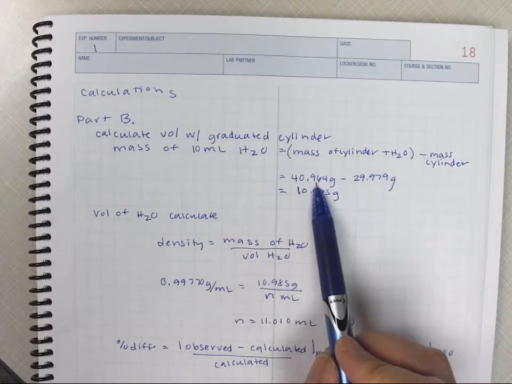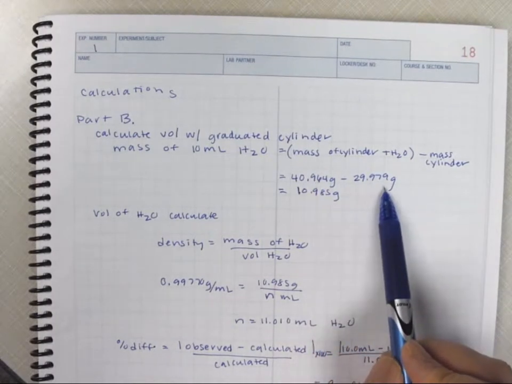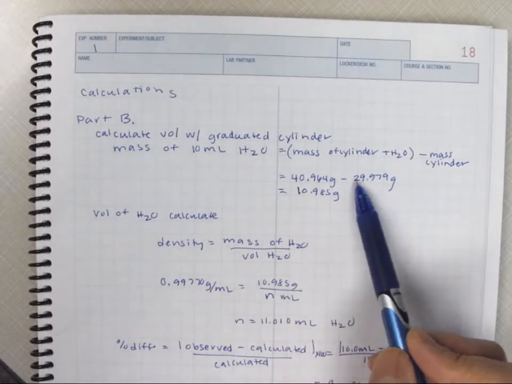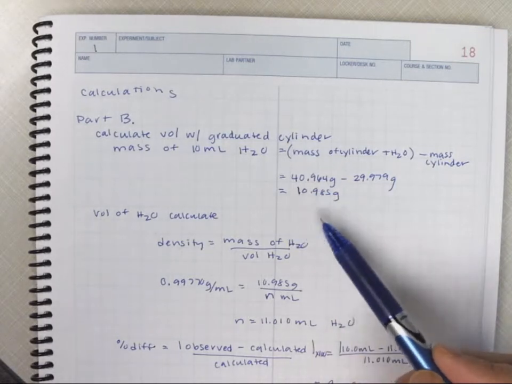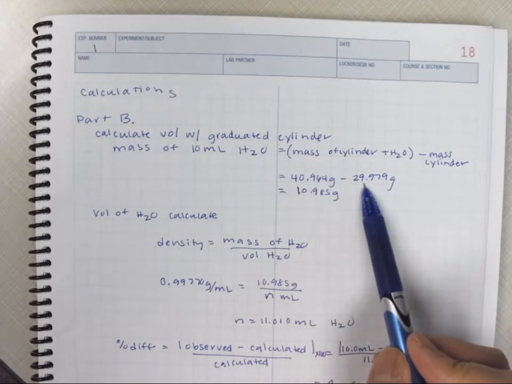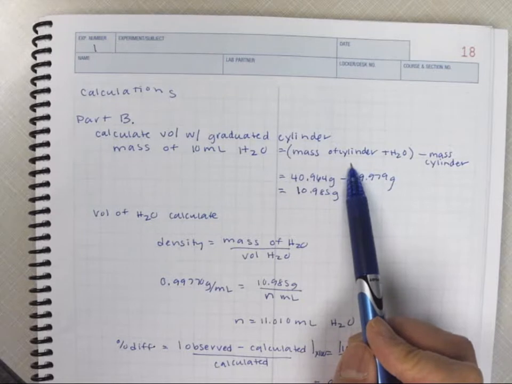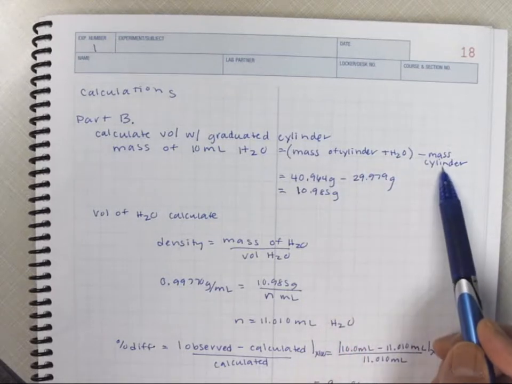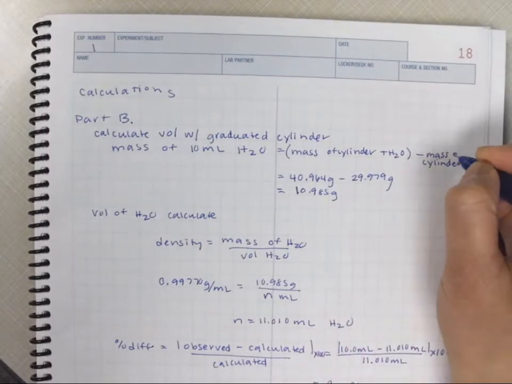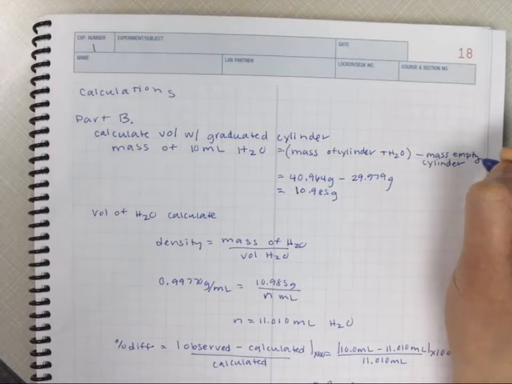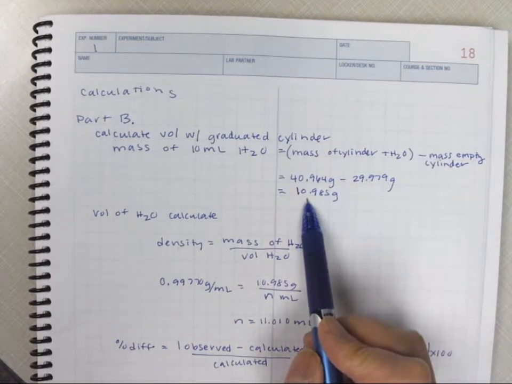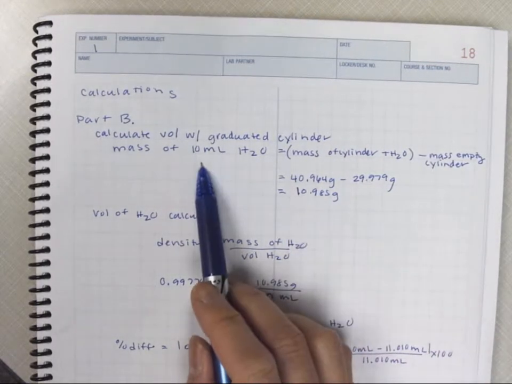So that will be the 40.964 minus 29.979 grams. You can go back and look at the beginning part of the videos and see where I got those numbers from. But again, that's the mass of the cylinder plus water minus the mass of the empty cylinder. Again, that will be 10.985 grams is the mass of my water.